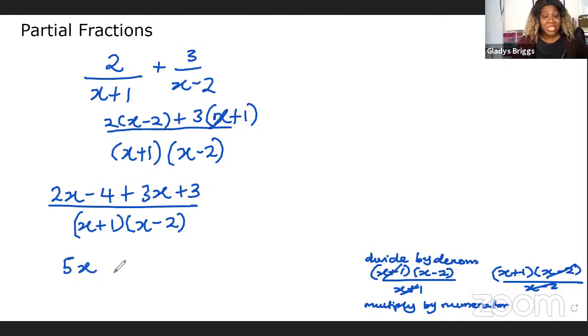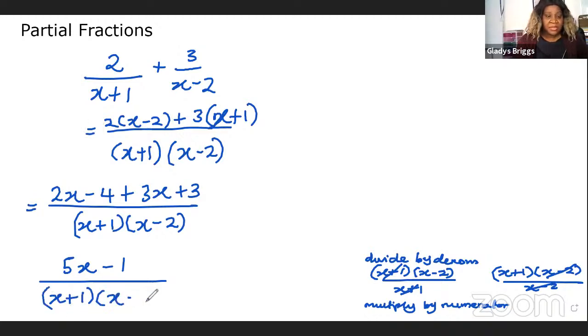Minus 4 plus 3 is minus 1, over x plus 1 times x minus 2. That's what we did in foundation maths, to simplify this fraction and write it as a single fraction.